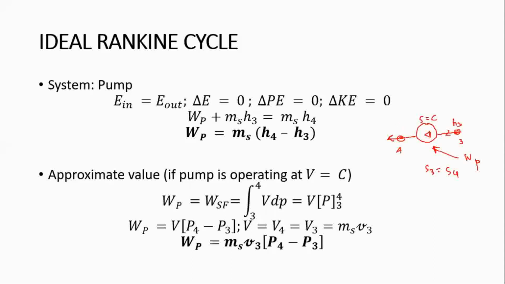Ang ibig sabihin ko sa enthalpy ay specific enthalpy. No? And of course, papasok syempre yung mass of steam. So, energy in equals energy out. No? So, we have papasok is work ng pump plus mass ng steam times H3 equals mass ng steam times H4, or work ng pump equals ms times H4 minus H3.